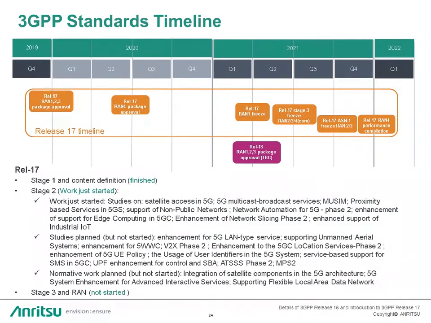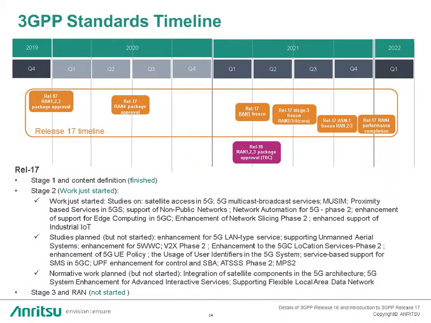So in case of Release 17, in RAN 86 in December 2019, the RAN package for Release 17 was approved, and the study items were defined and decided. So this is stage 1, which is finished.